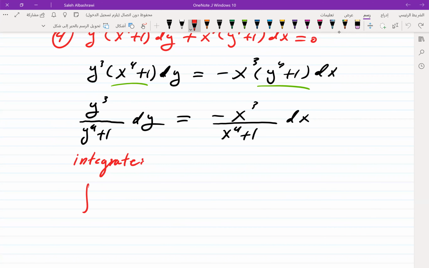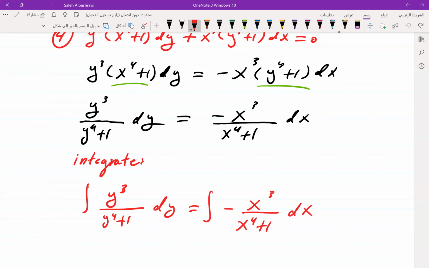I will have the integral of y³ divided by (y⁴ + 1) dy equal to the integral of minus x³ divided by (x⁴ + 1) dx.